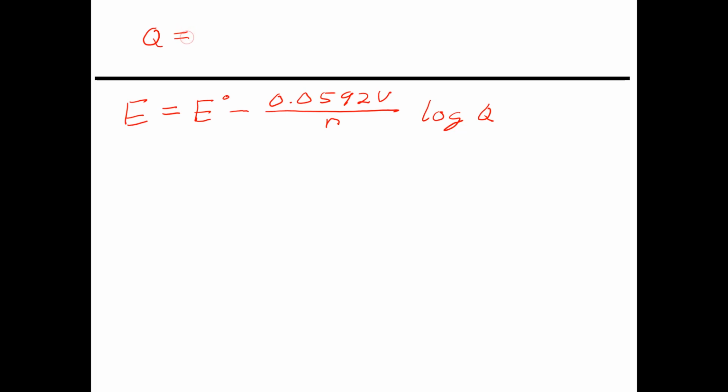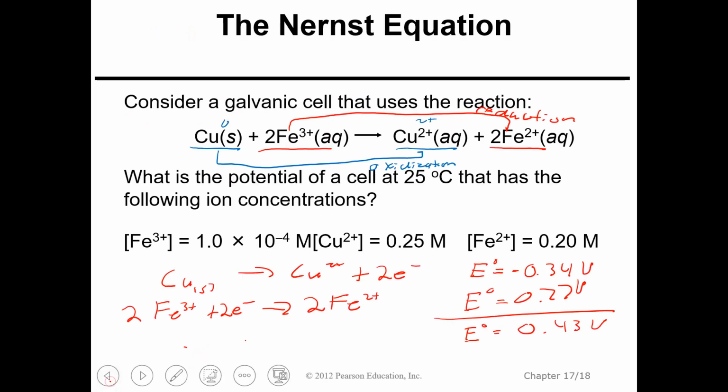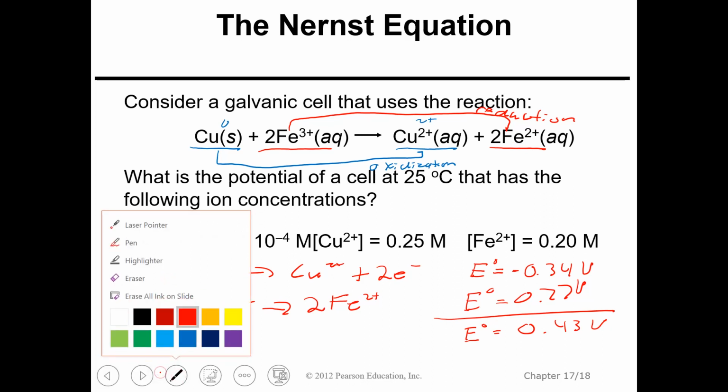If we write Q for our reaction, remember we only write what is aqueous, so we would have copper 2 positive times iron 2 positive squared over iron 3 positive squared.